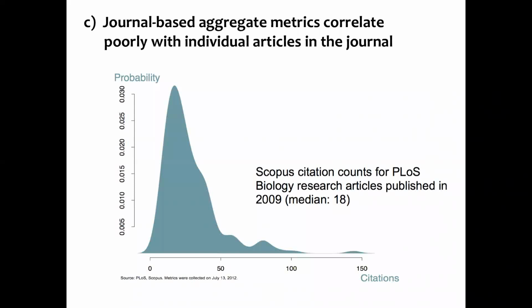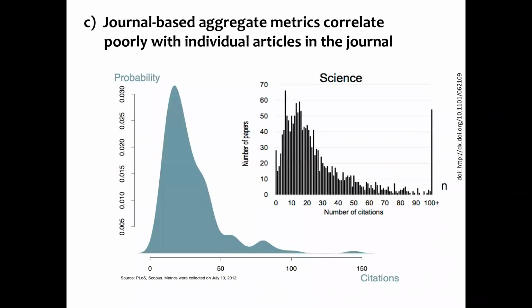And this kind of skewed distribution is what the citation distribution looks like for all journals. Here's what Science's distribution looks like. So this is not a normal distribution. The first thing you might say is that since they aren't normal distributions, it's completely wrong statistically to be looking at the means, which is correct. But that's something that Thomson has been told for years, and they're not changing that. So first of all, mean is not a good way to characterize the distribution.